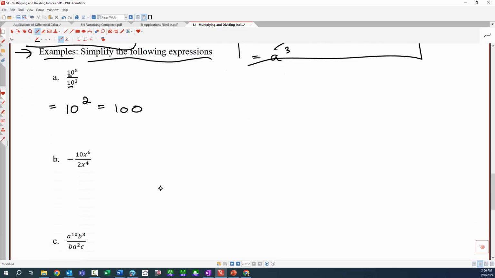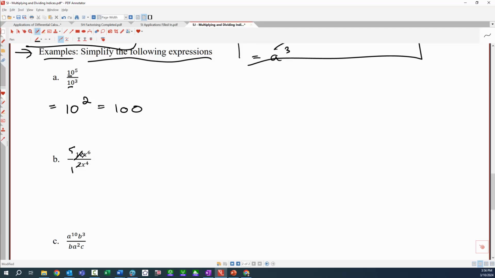All right, the next example is this one here. Okay, so we've got negative 10 over 2, x to the 6 over x to the 4. Well, the 10 over 2 can be simplified. So what I do with that is I go, well, okay, what is the highest common factor of 10 and 2? Now, 2 goes into itself once, 2 goes into 10 5 times. So the highest common factor was 2. Now this x to the 4 and x to the 6, they're going to be divided.